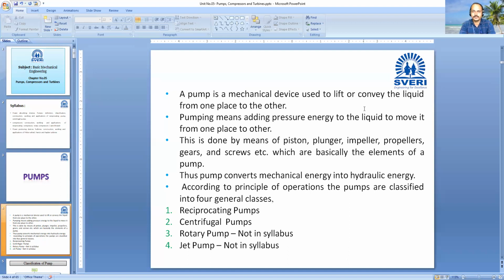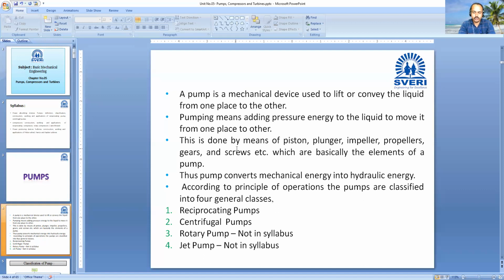level. Okay. For example, now pumping means, I will explain combinedly all this. So pumping means adding pressure energy to the liquid to move it from one place to another.